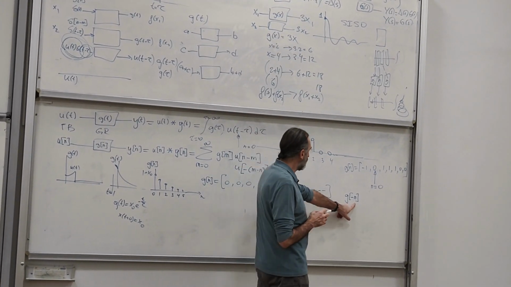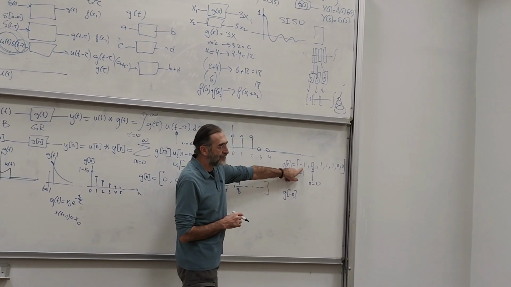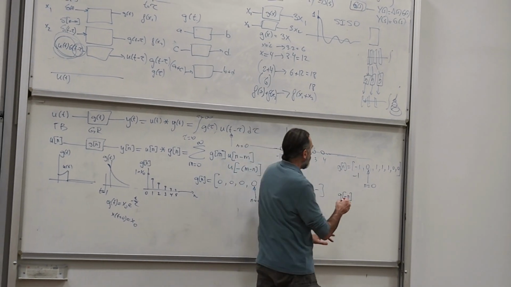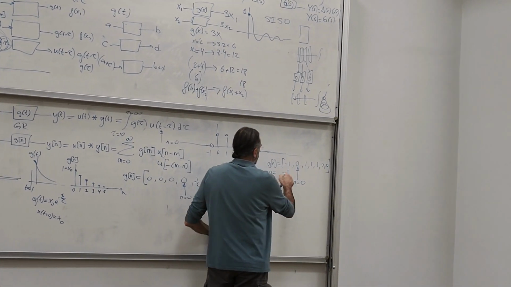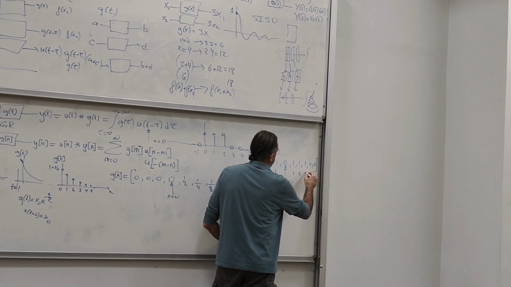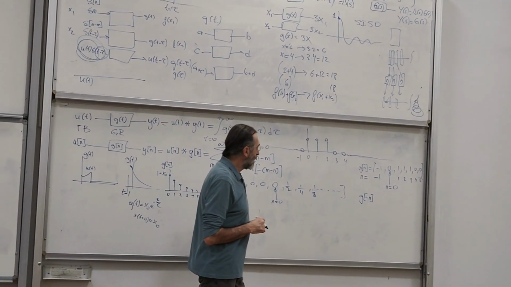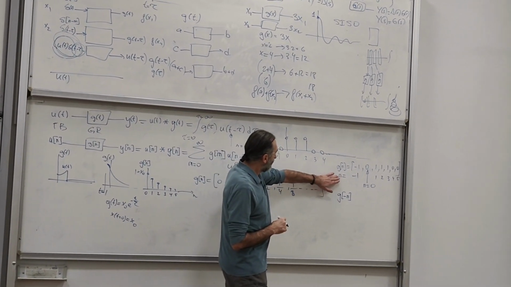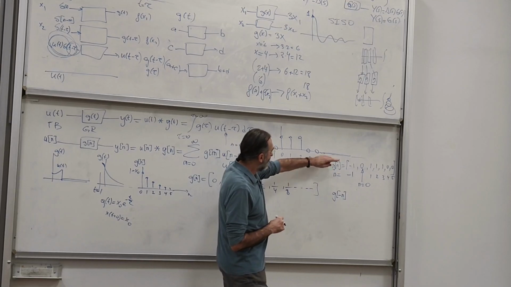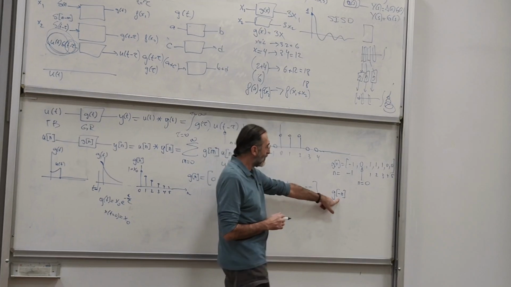Now we know that g of minus 1 is minus 1, and the values are minus 1 here, 0 here, 1 here, 2 here, 3 here, 4 here, and 5 here. So what would be g of minus n at n equals minus 1?